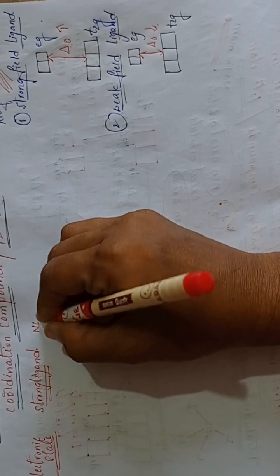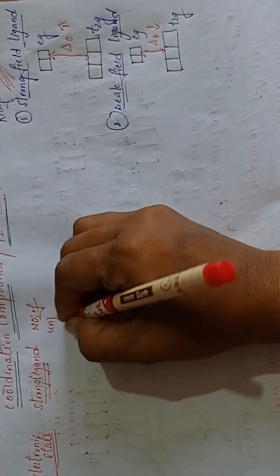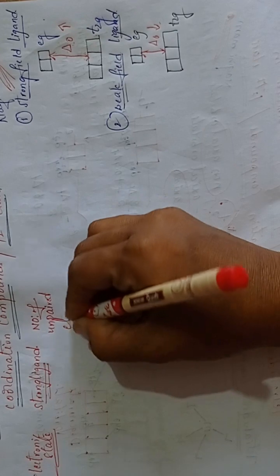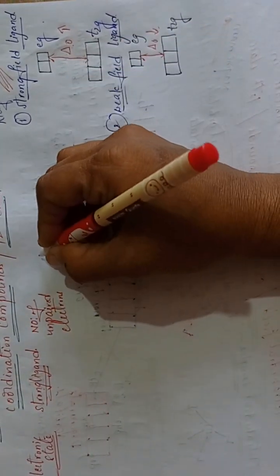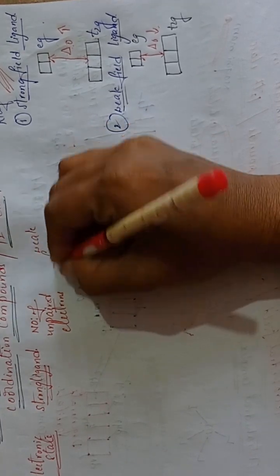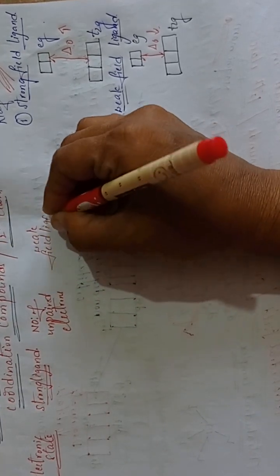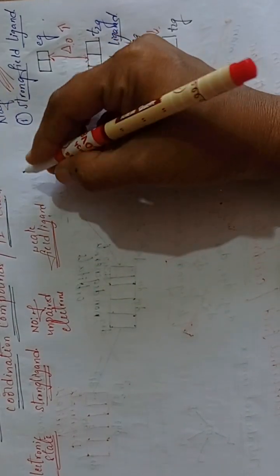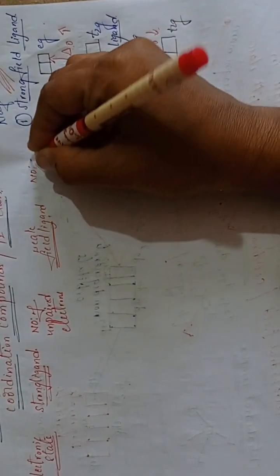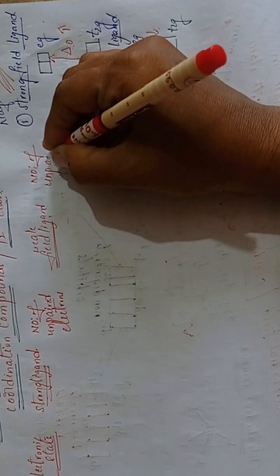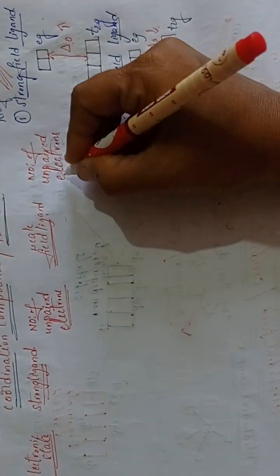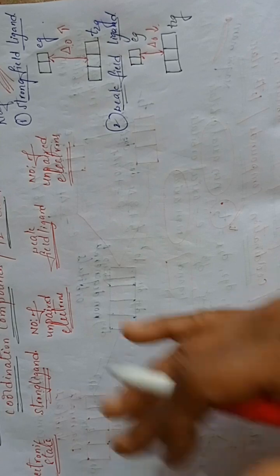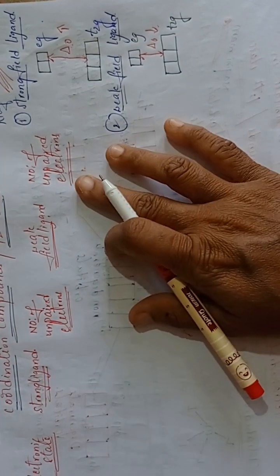I will show you how many there are. Next, weak field ligand, and then the number of unpaired electrons. Now see here, I am taking a total of 5 columns. Here I will discuss everything, strong ligand and weak ligand.